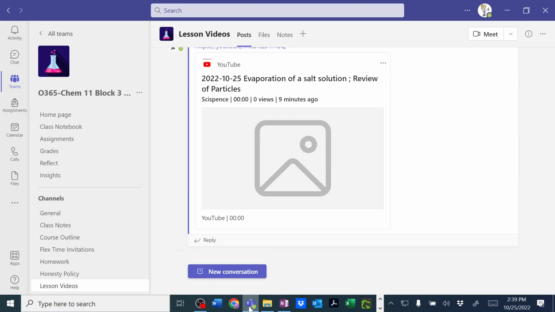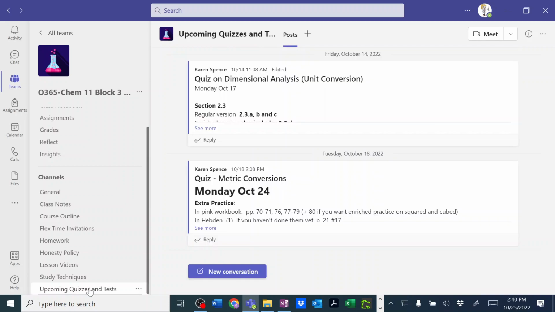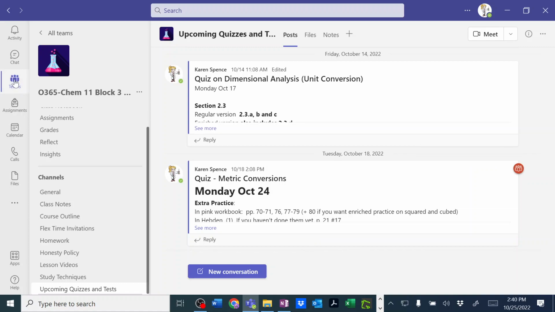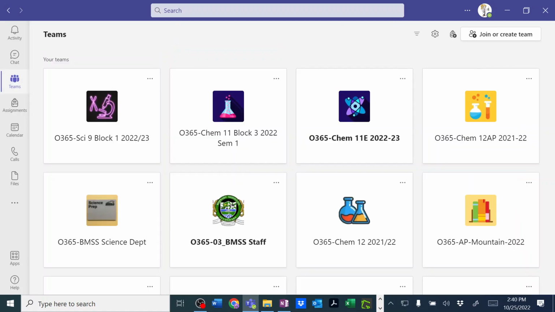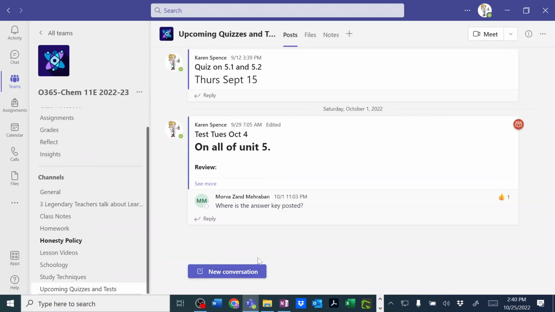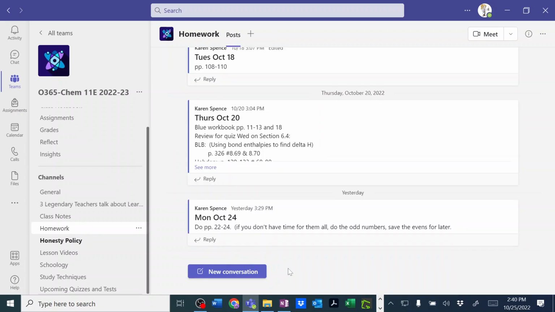What section is that in, what book? 6.4 in here. Did I put it in here? Let's make sure I did, because sometimes I think I've put things in and I haven't. Oh, maybe I haven't. Oh, that's not us. That's Chemistry 11. That would be why it's not there. Let's hope it's in ours. Let's go see upcoming quizzes and tests. Oh, it's not there. Okay, so let's go to homework and see if I put it there. Oh, I put it in general. Oh, that kills me.